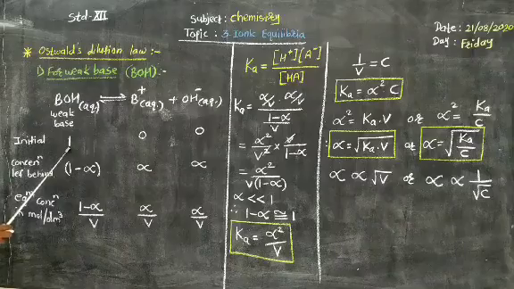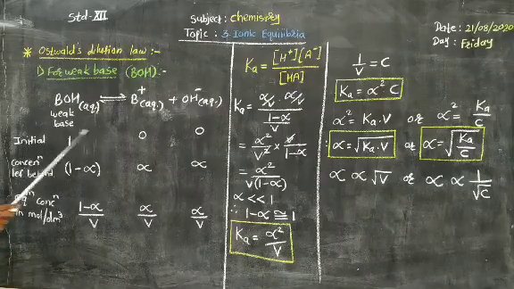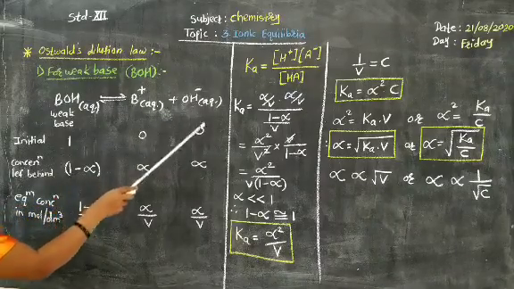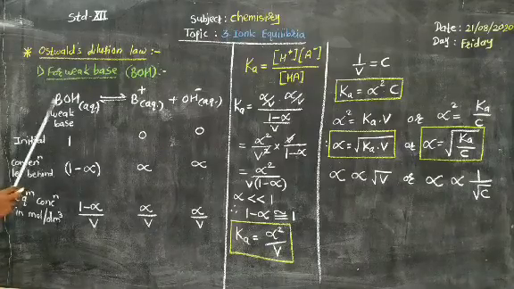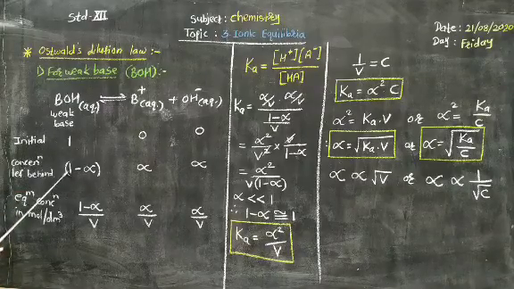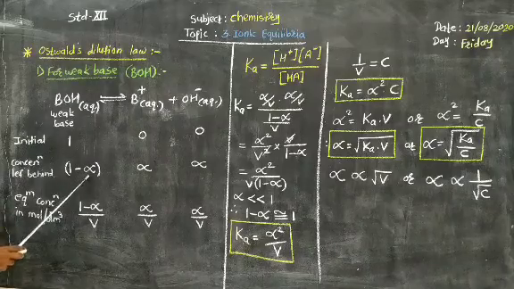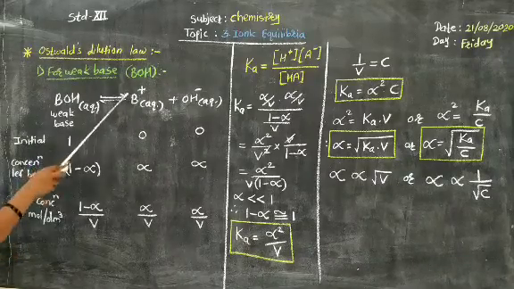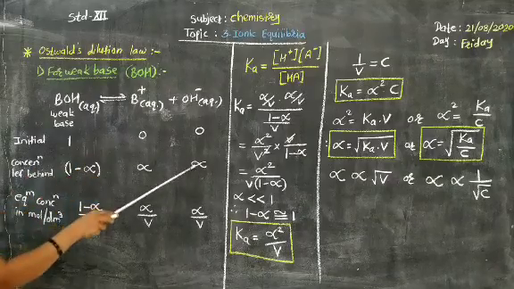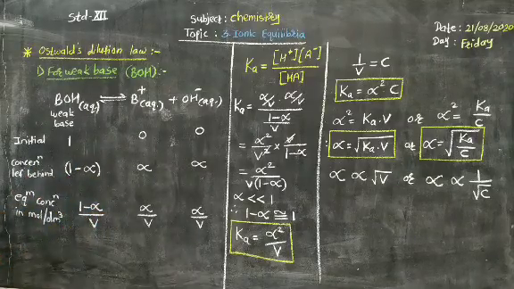Initial concentration of weak base, if it is 1 mole at 0 time, product formation is 0, 0. Concentration of base left behind will be equal to 1 minus alpha whenever alpha moles get dissociated. At the same time, alpha moles of cation and alpha moles of anions are formed.